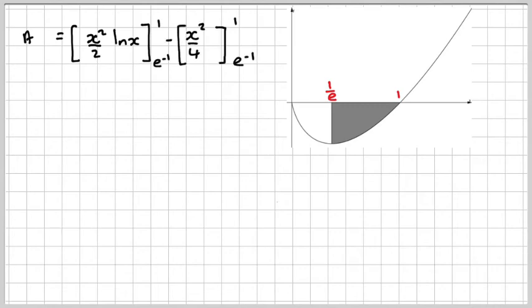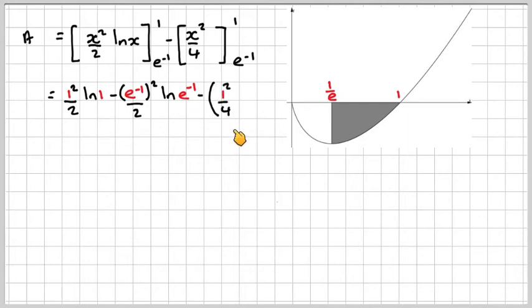Okay, putting our limits in. So we're going to have 1 squared over 2 ln of 1, where ln of 1 is 0, so that's going to help, minus e to the minus 1 squared over 2 ln of e to the minus 1, minus 1 over 4 minus e to the minus 1 squared over 4.